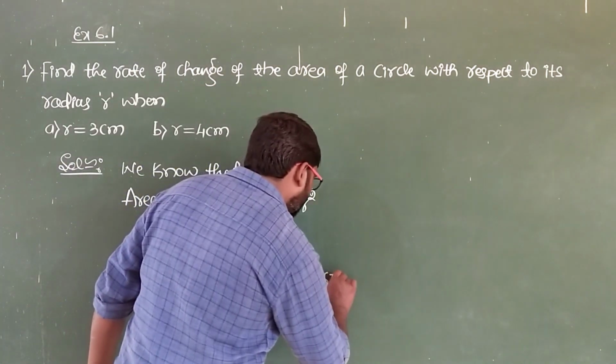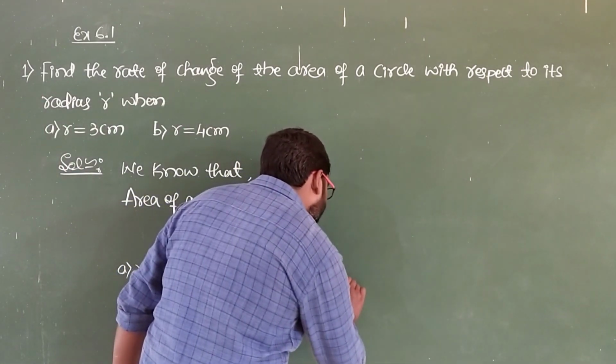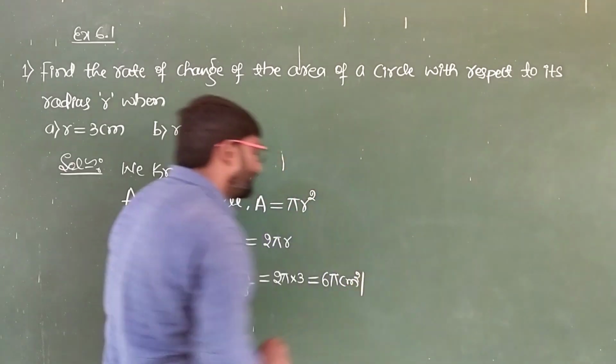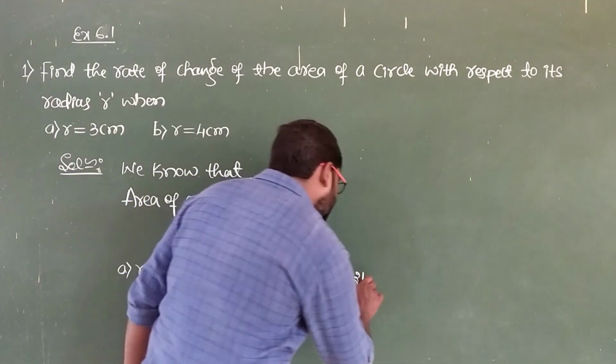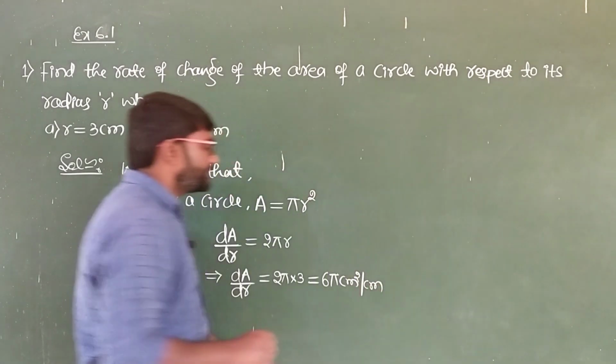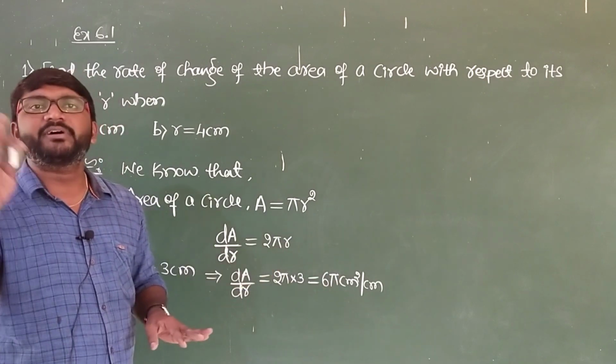What will be the unit now? In the numerator we have the area, that means it will be centimeter square, by what is there in the denominator, it is the radius, so it will be in centimeter. So overall 6 pi centimeter square per centimeter.